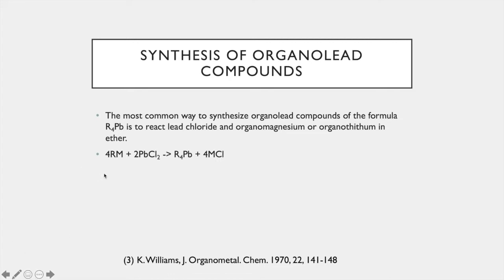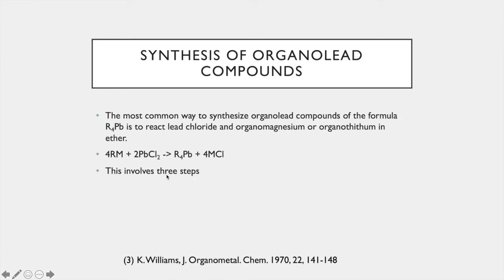You start off with your metal, so magnesium or lithium, bonded to 4 ligands, reacting with 2 molecules of lead chloride, producing your R4Pb. That's the general reaction scheme.